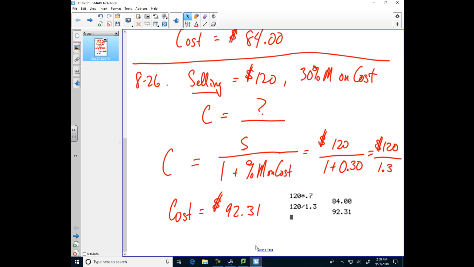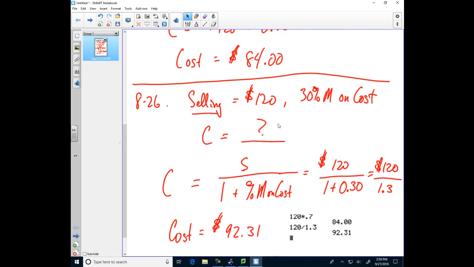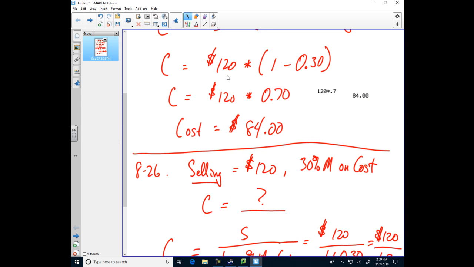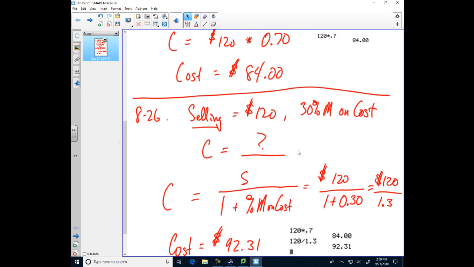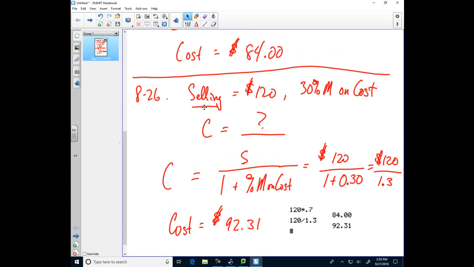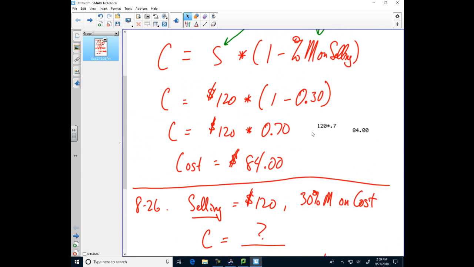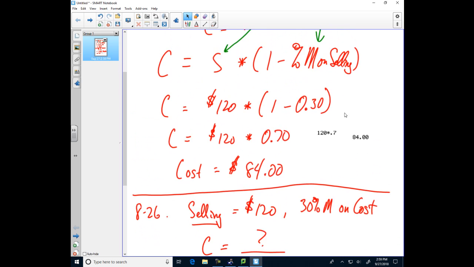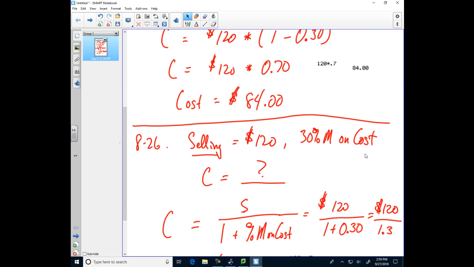Big question mark there. Now, in each case, we got 30%, 0.3. Notice on one of them, we subtracted and multiplied. The other one, we added and divided. So it just depends on whether you're basing it on selling price or on cost.